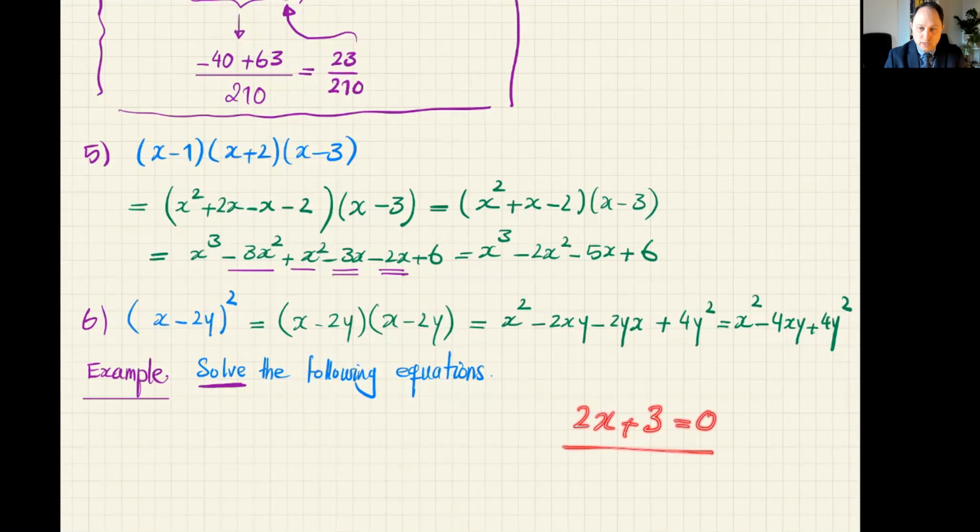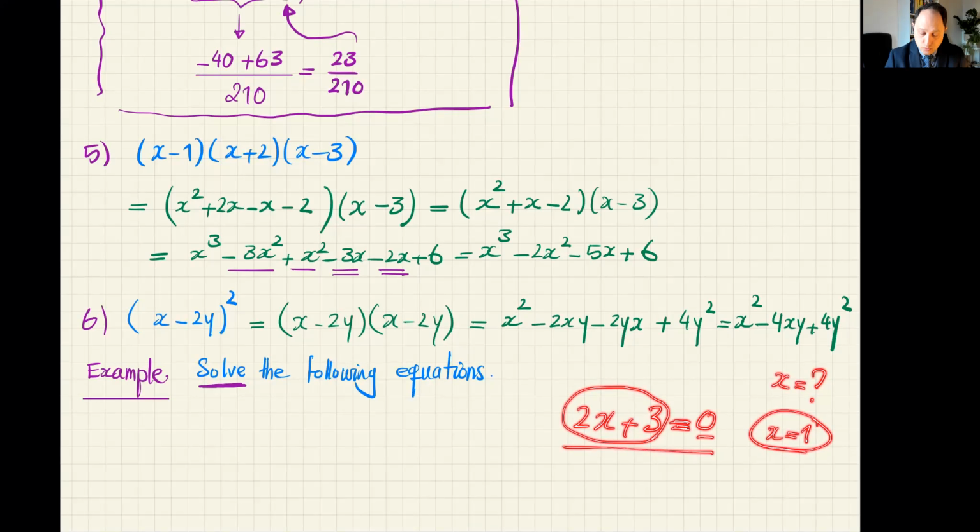It's not a good word here. I can ask you to solve it because this is an equality. I need to find the value for x so that this equality turns out to be true. Because it is clear, for example, if I choose x equal to 1, the left-hand side becomes 2 plus 3, which is 5. 5 equal to 0 is false. So this means x equal to 1 is not a solution to this equation.